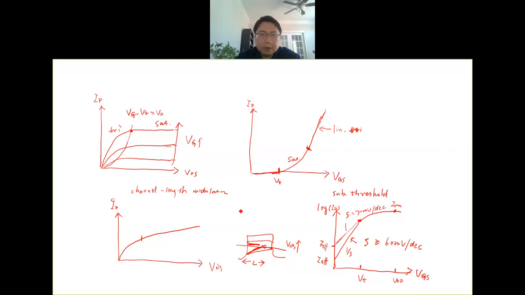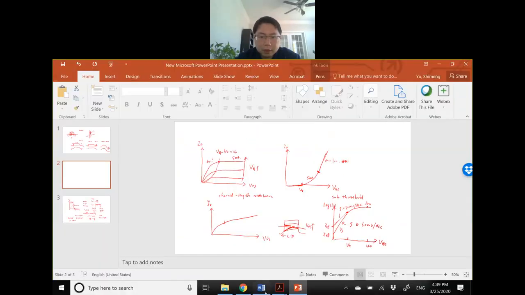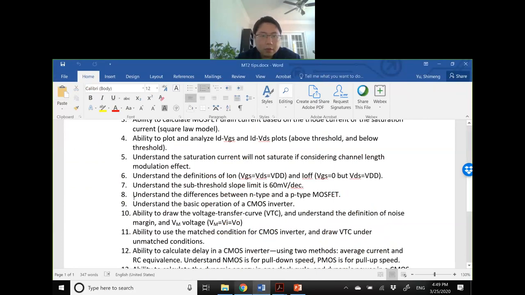Okay, let's go back. Number 8: understand the differences between N-type and P-type MOSFET. Everything is reversed, like the doping and the source and drain dopings. For NMOS, it's N plus doping.